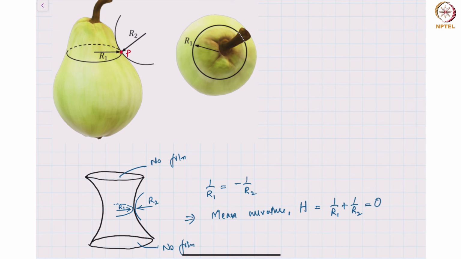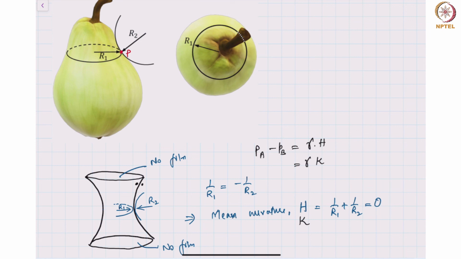So clearly, if you go from a point here to a point here, both sides are exposed to the atmosphere, and it's atmospheric pressure on both sides. So the pressure difference across should be equal to 0. So PA should be equal to PB, and therefore if I use the expression PA minus PB as gamma times curvature, or gamma times kappa, where kappa is another commonly used notation.